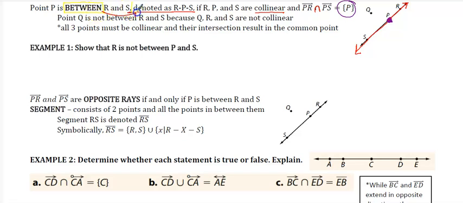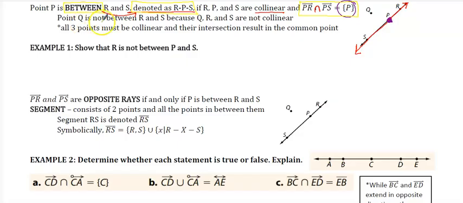So between is denoted as RPS, and we have to know that the ray PR intersect PS has to equal set P, or point P. But that is the definition of between, because we're going to use that a lot.